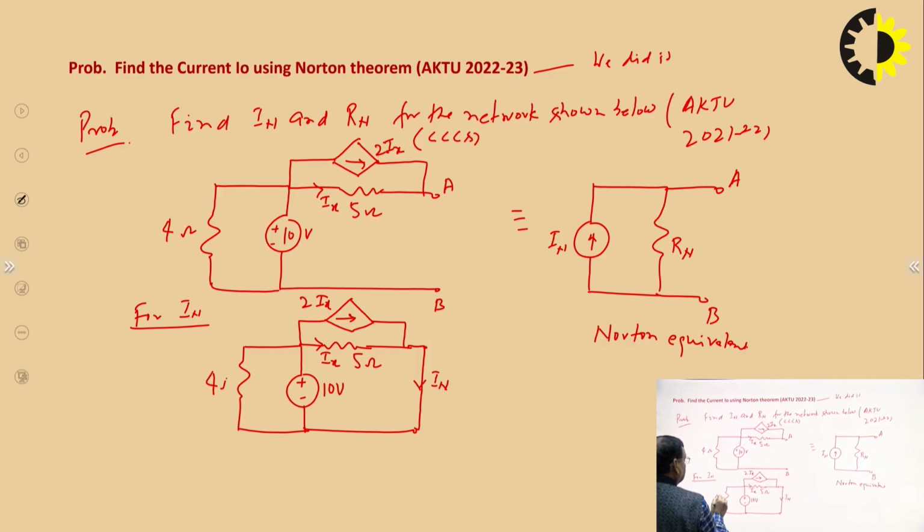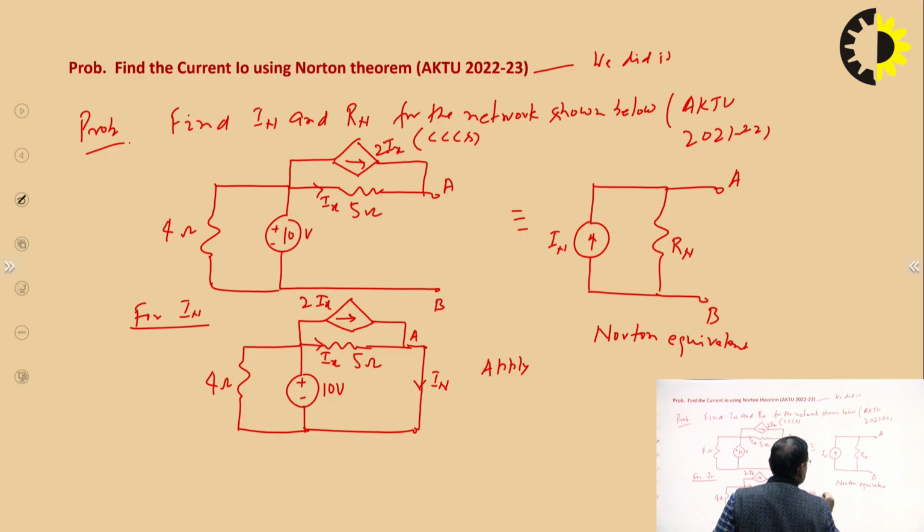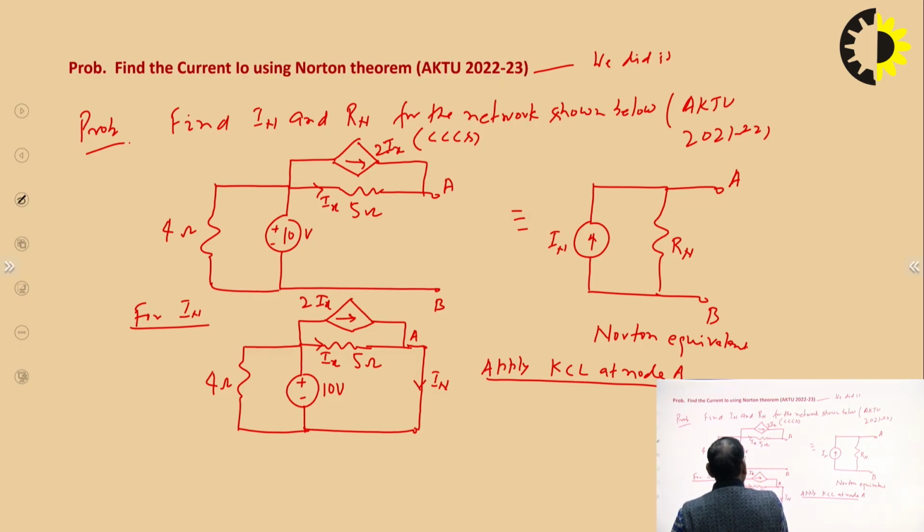Say this point is A. Apply Kirchhoff's current law at node A. We can see that 2 Ix ampere and Ix ampere are approaching node A and IN is leaving.